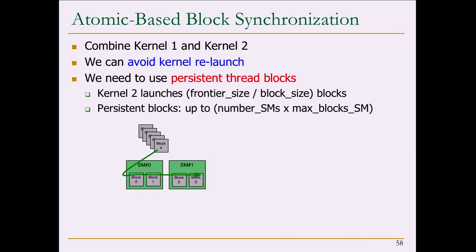So let's assume that in each of the SMs, we can have 2 thread blocks running. In this snapshot, thread block 0 and thread block 1 are running on SM0, and 2 and 3 are running on SM1. But our frontier is much larger than what thread blocks 0 to 3 can process at a particular moment. Maybe instead of 4 thread blocks, we need 40 thread blocks, or maybe we need 400 thread blocks.